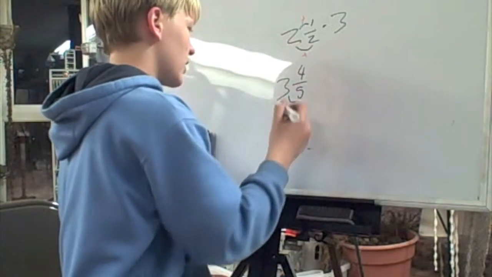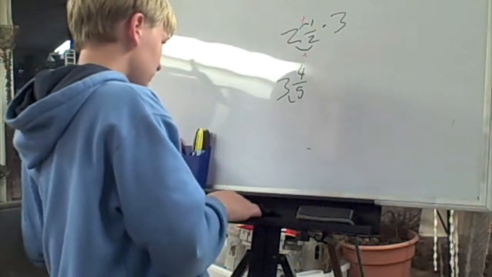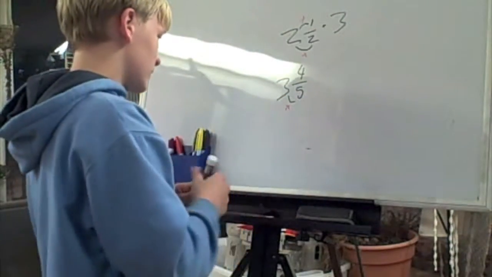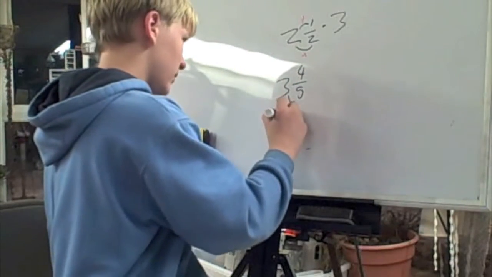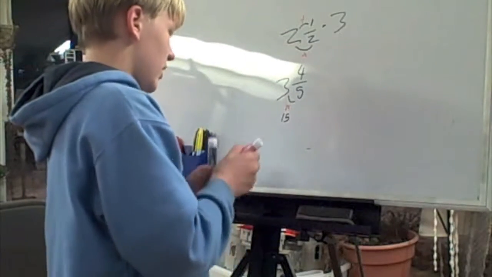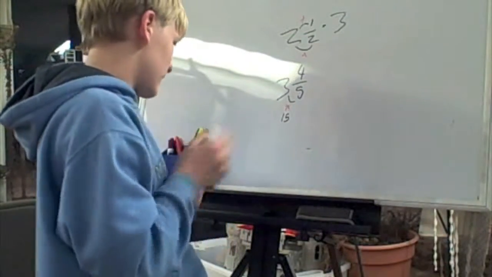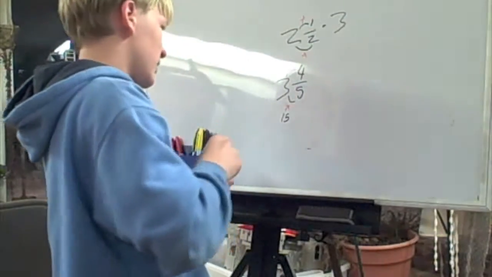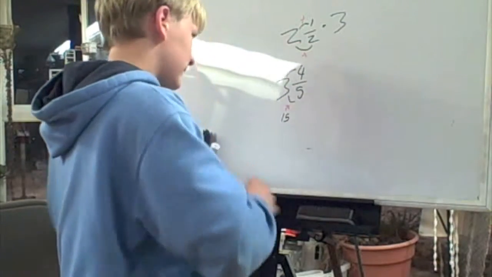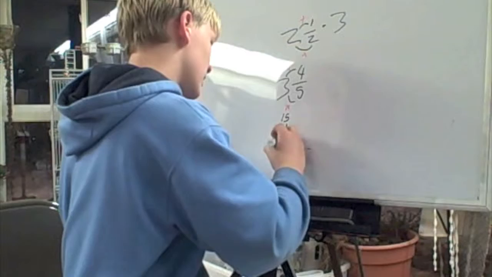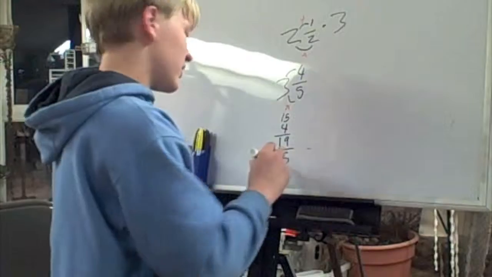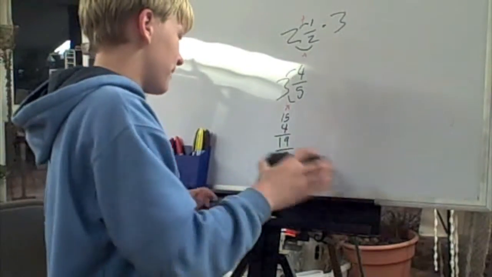So you'd say 5 times 3 would equal 15, or 3 times 5. And then you'd say 15 plus 4, which would equal 19. So you would have 19 fifths, because you keep the denominator the same.